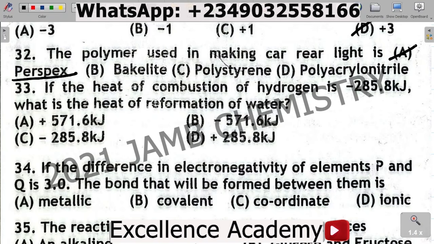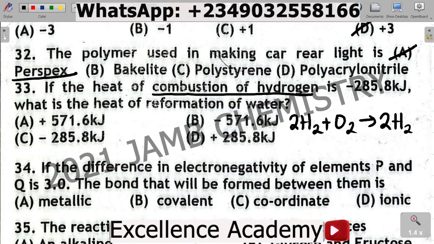The equation for the combustion of hydrogen is given by 2H2 plus O2, and this would give 2 moles of water, H2O. From this particular reaction, we are given the heat value as minus 285.8 kilojoules. And when this reacts, it forms water.